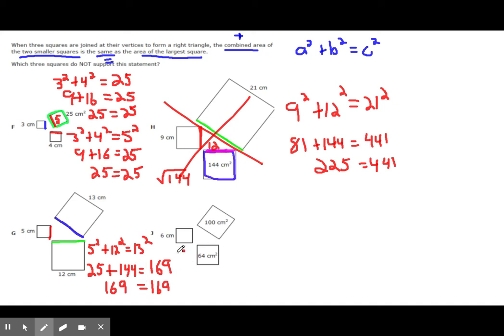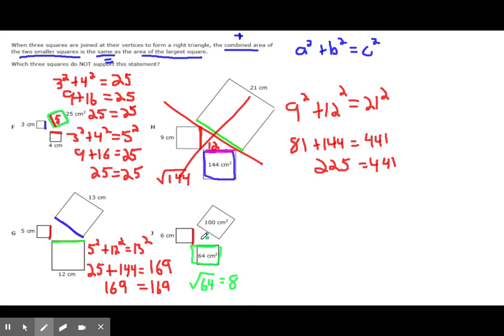Now let's look at J. This small square is saying this side is 6 centimeters. My medium one is giving me the area of the whole square, everything inside the square. So to find what one side is, I'm just going to take the square root of 64. The square root of 64, I know, is 8.